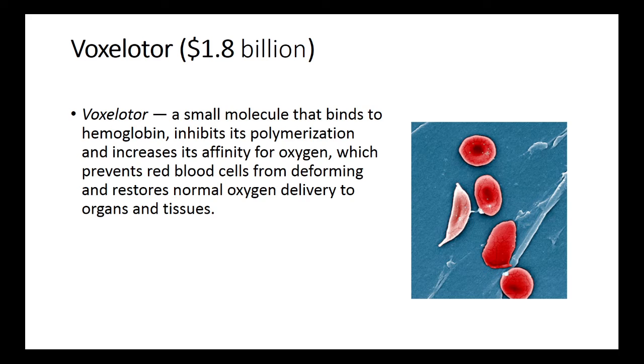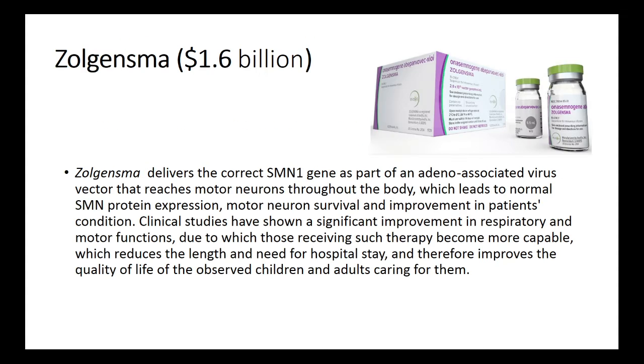But this drug binds to hemoglobin, inhibits its polymerization, and increases the connection of hemoglobin with oxygen. It will prevent red blood cells from deformation and restores normal oxygen delivery to organs and tissue.